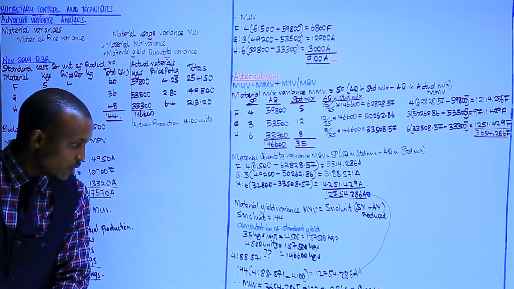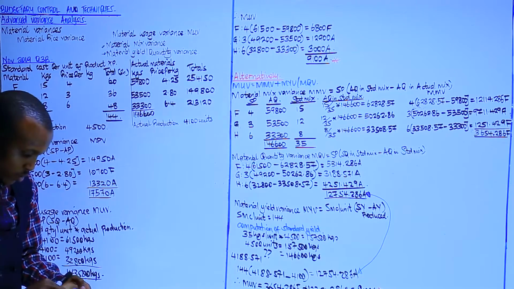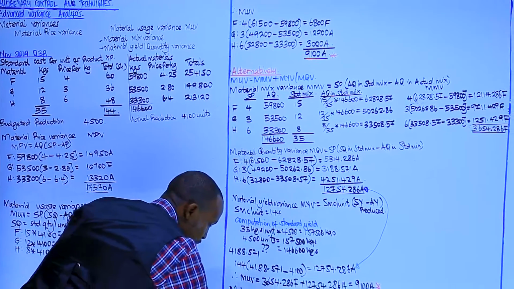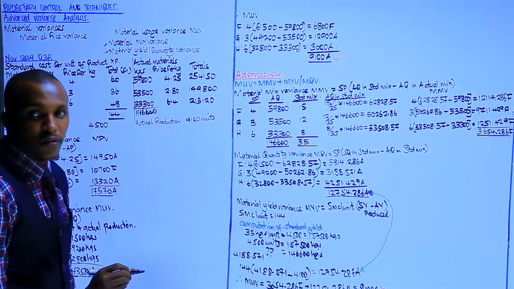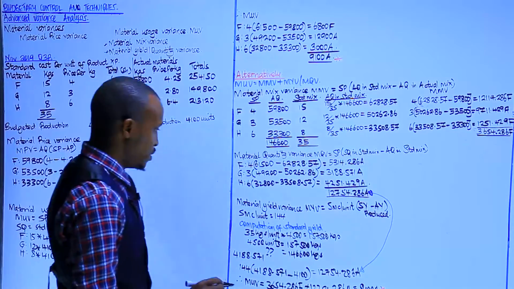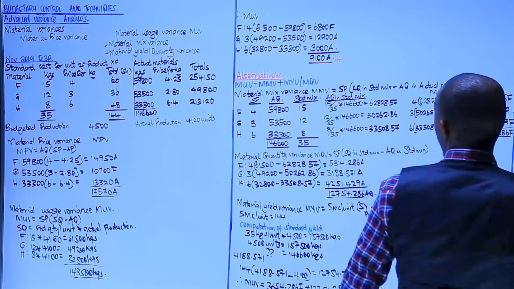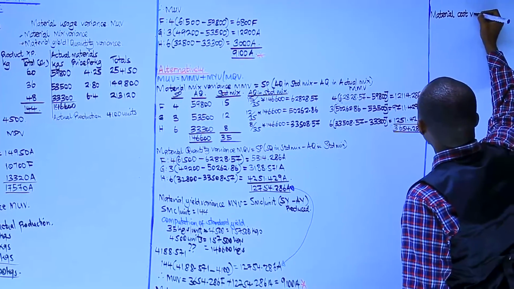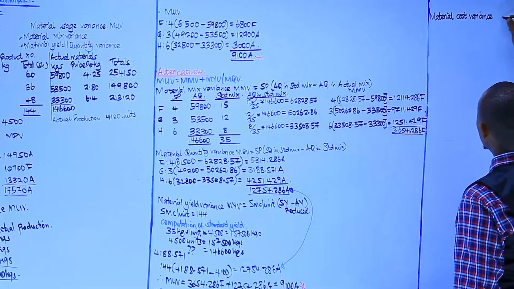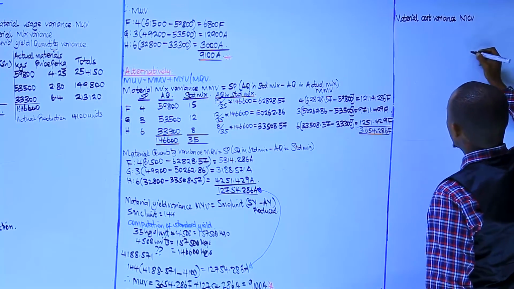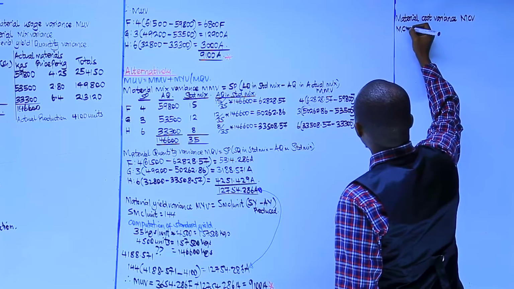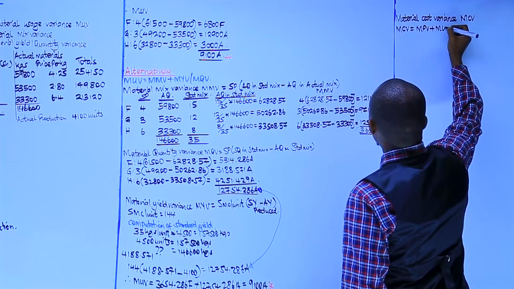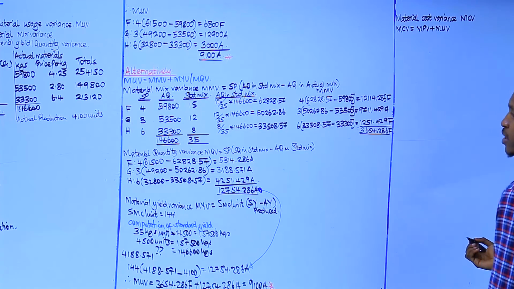Alright. Then let's determine our material cost variance. Material cost variance, which we simply denote as MCV. Your material cost variance is the summation of your material price variance and your material usage variance.